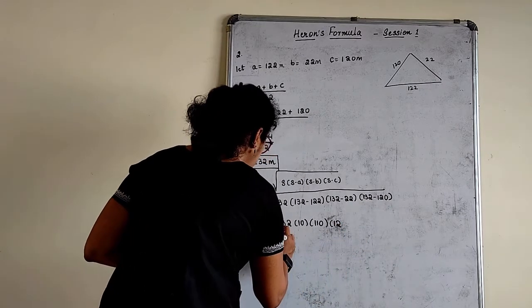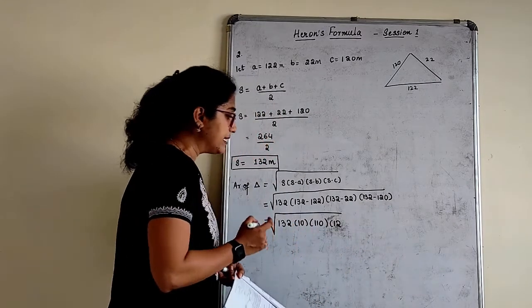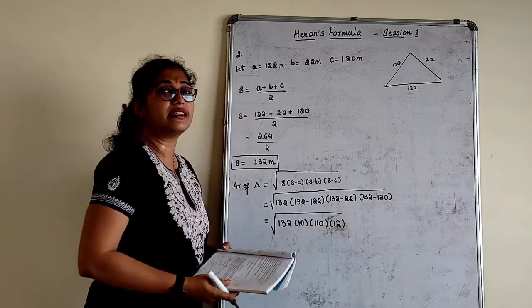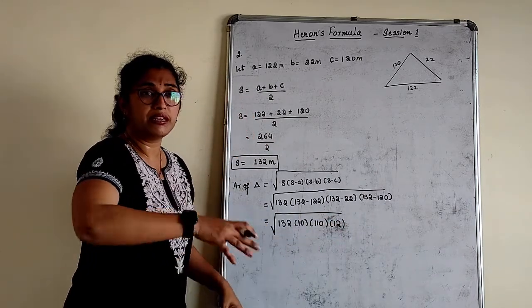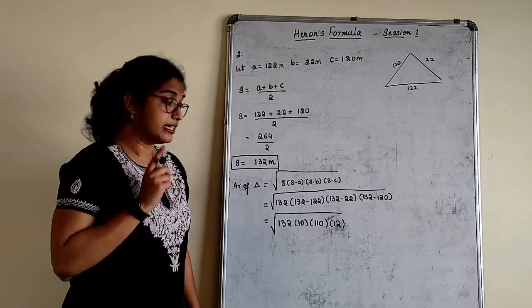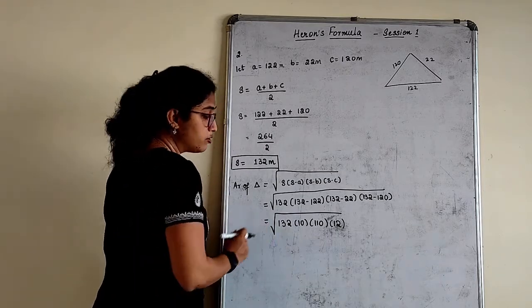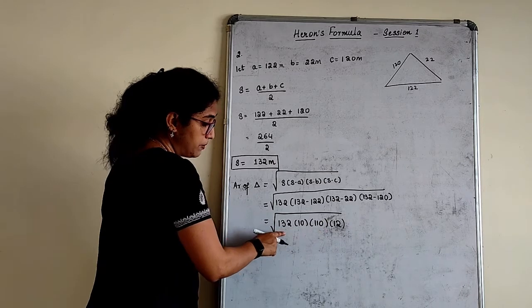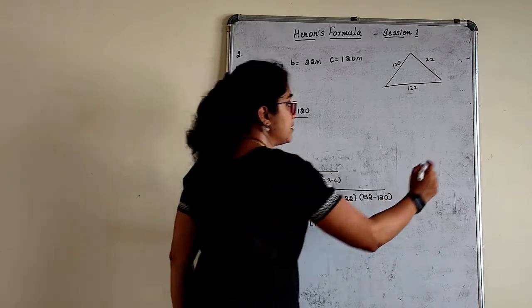Again I am telling you, please don't sit and multiply. I am repeating this every time because I have seen children sitting and multiplying. You are used to big numbers, sit, multiply, then divide. It becomes very difficult. Try to split the terms. Keep all the terms as they are.